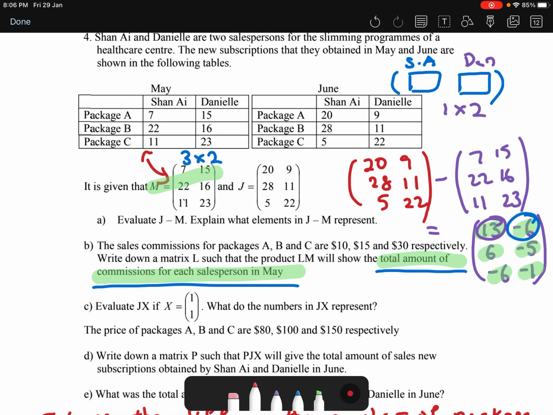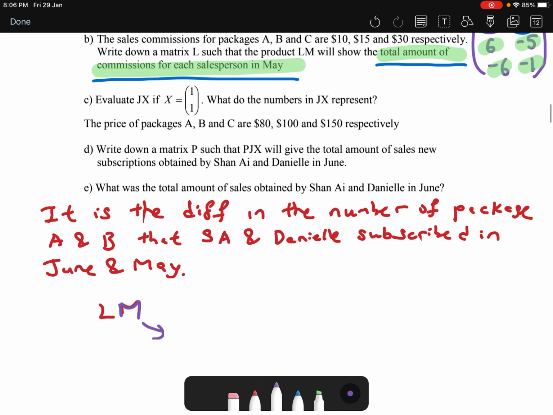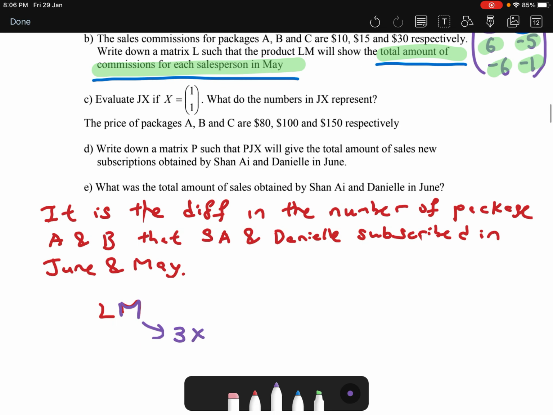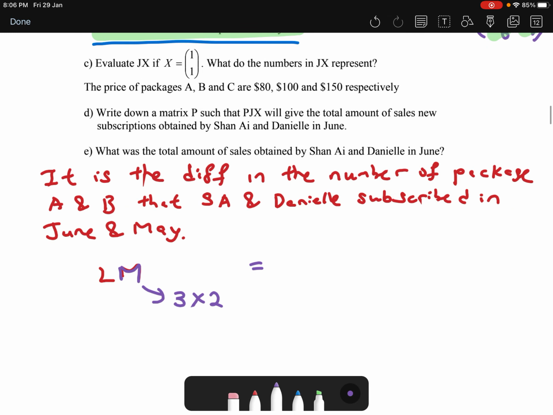Since we want to multiply L and M, M is 3 by 2, and I want to get a 1 by 2 matrix.